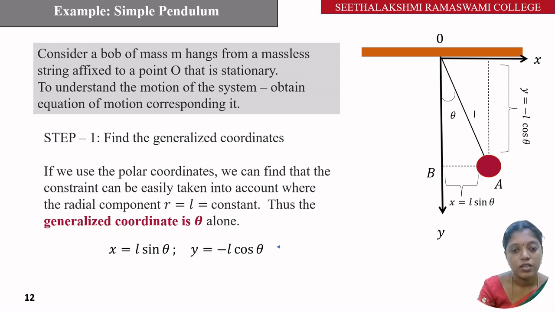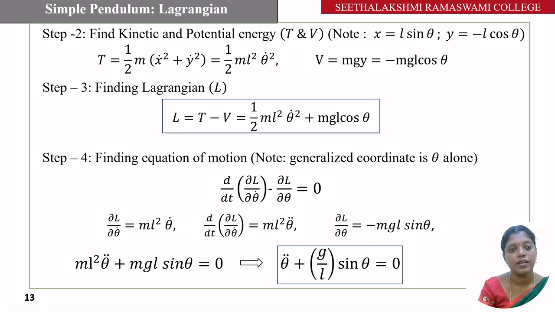Once you have obtained the generalized coordinate, the next step is to find the kinetic energy and potential energy. So you have obtained x and y. Just substitute in the form of kinetic and potential energy. Kinetic energy is nothing but half m times x dot square plus y dot square, and the force that is acting on the system is the gravitational force.